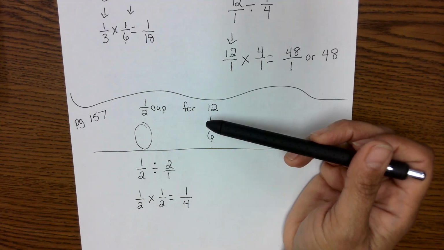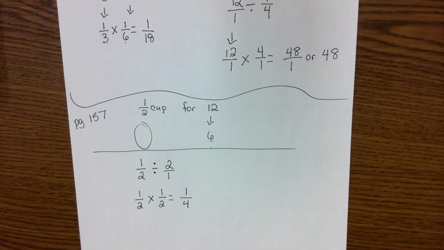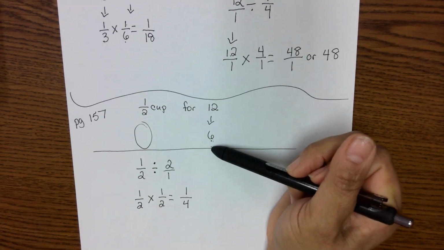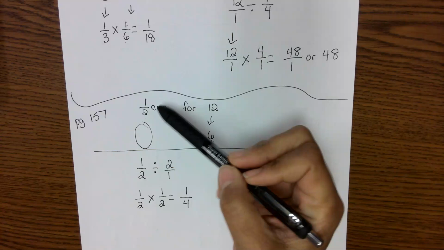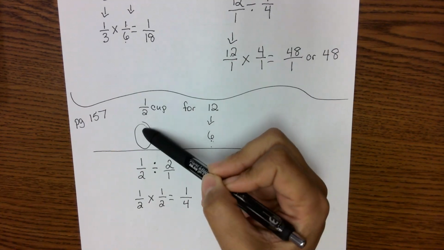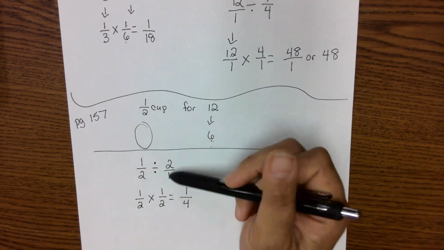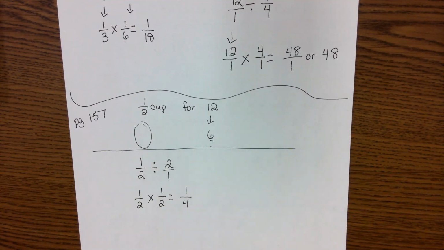If you cut something straight in half, that means you're dividing into 2 parts, right? So 12 divided by 2 is 6. So she halved the recipe, so I need to take half of the flour she needed. So that's how I got a half a cup of flour, and I just divided it by 2. I cut it in half to find out how much she needed for that.